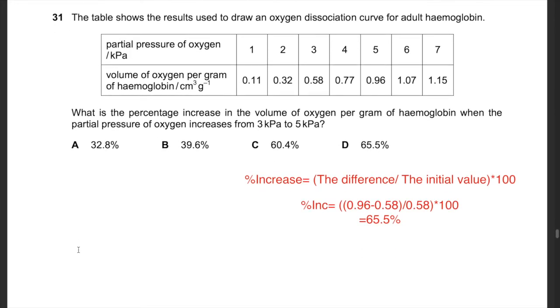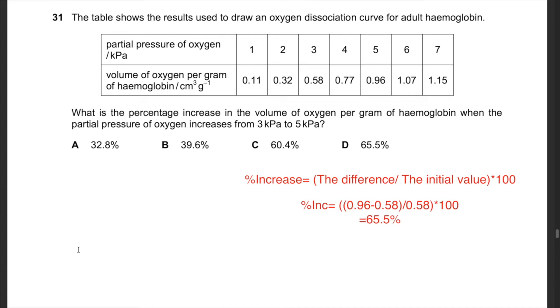Question 31. The table shows the results used to draw an oxygen dissociation curve for adult hemoglobin. What is the percentage increase in the volume of oxygen per gram of hemoglobin when the partial pressure of oxygen increases from 3 kilopascals to 5 kilopascals? Over here we just have to go through the values at where 3 and 5 kilopascals are and find the volume of oxygen per gram of hemoglobin.